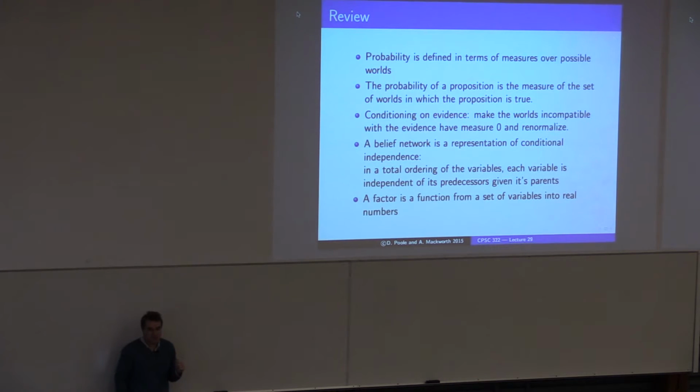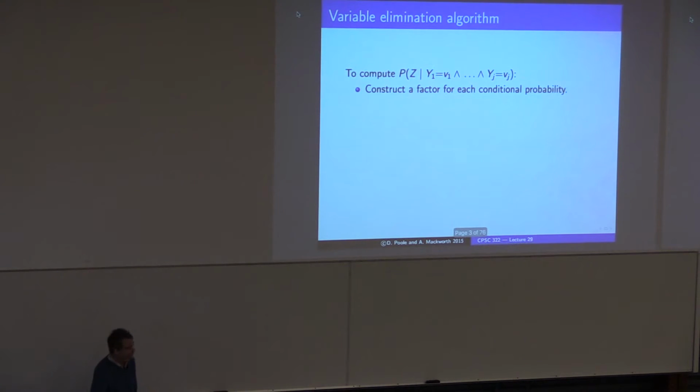And then we have belief networks. Each variable is independent of its predecessors given its parents. A factor is a function from a set of variables into the real numbers. At the end of last time, we did the variable elimination algorithm, computing a variable given some evidence.